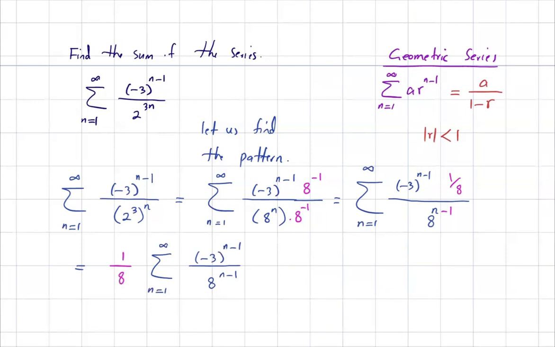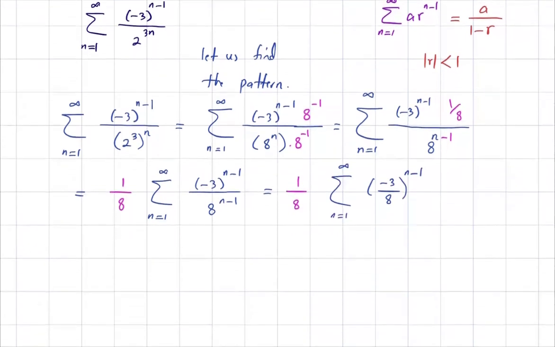Now just combine the numerator and the denominator, since they have the same exponent. So you get 1 over 8 times the series (-3/8)^(n-1).